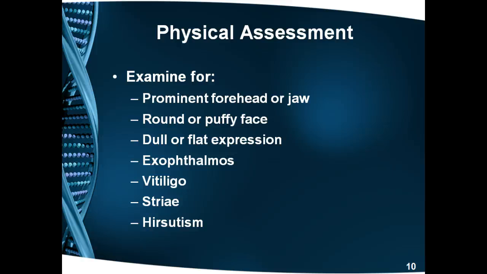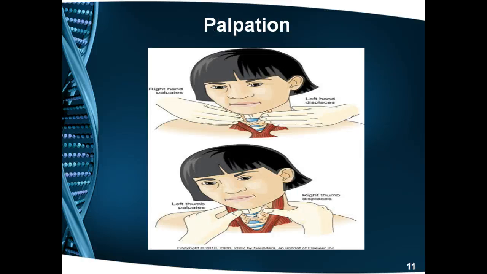So you may see all of those types of things, and you want to make sure that you assess for that. Also, as you can see right here, we have proper palpation when you're trying to palpate the thyroid gland. I would like for you to know, and I'm going to state it for you guys, the thyroid gland and the testes can be examined by palpation.